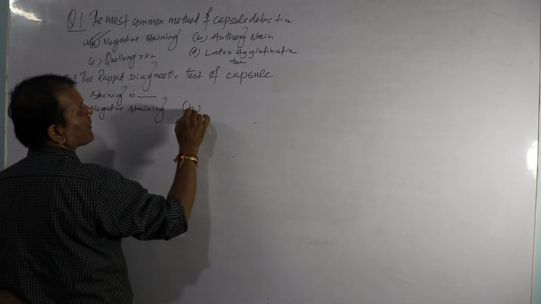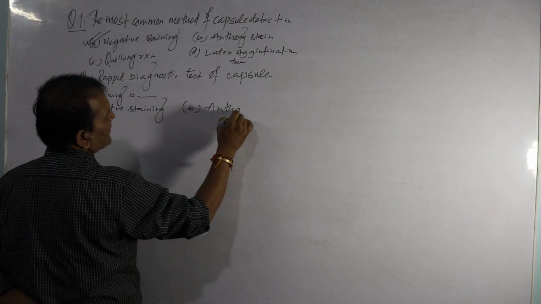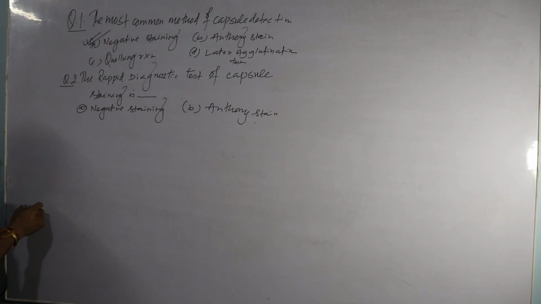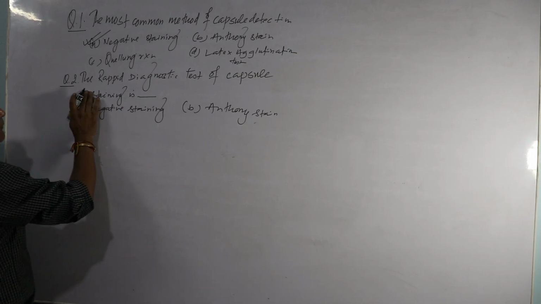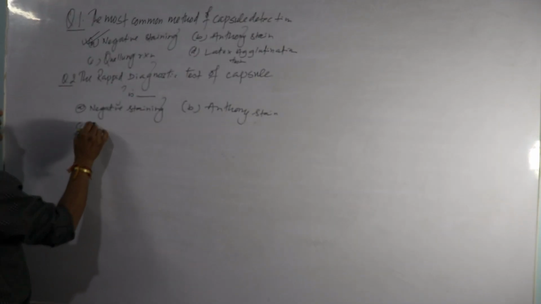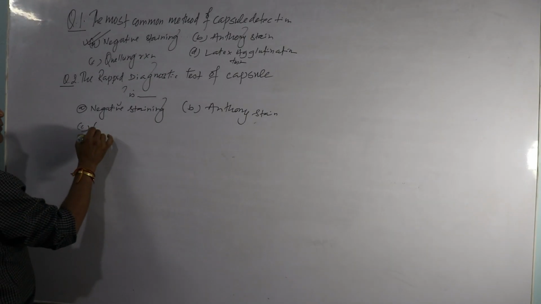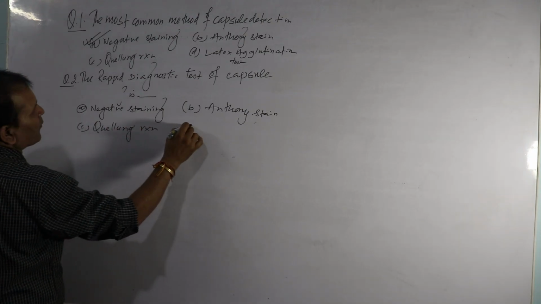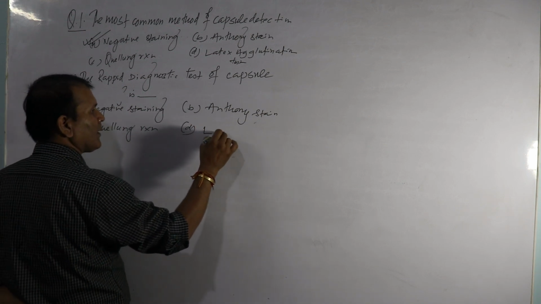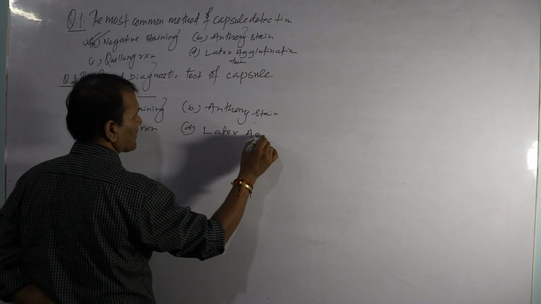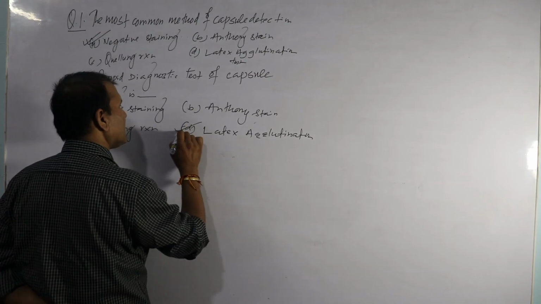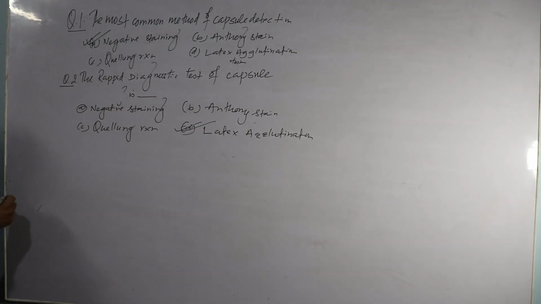Option B, Anthony staining. Option C, Quellung reaction. Option D, latex agglutination. So we can take latex agglutination.